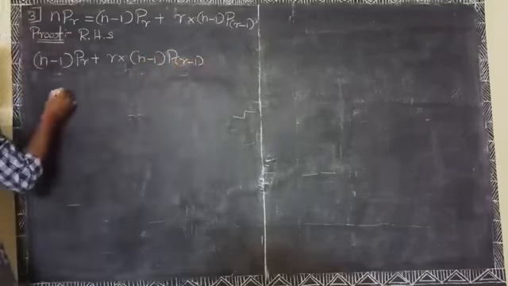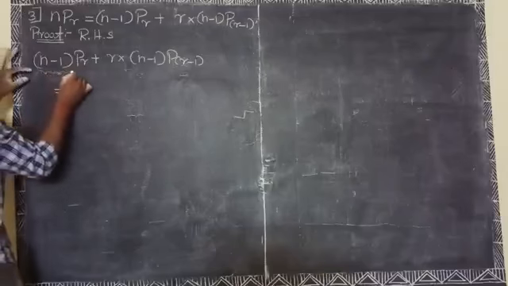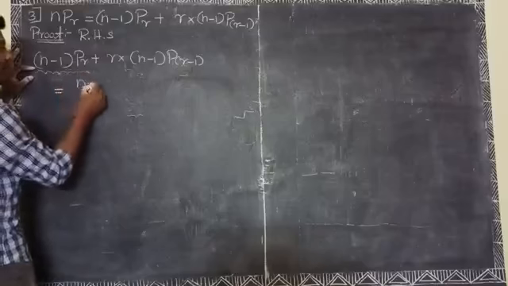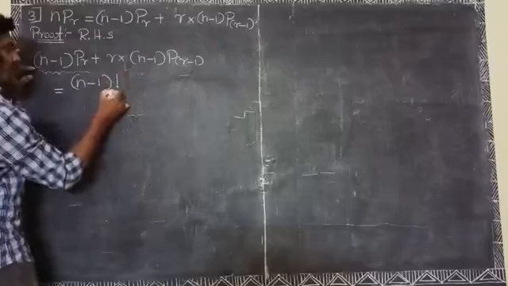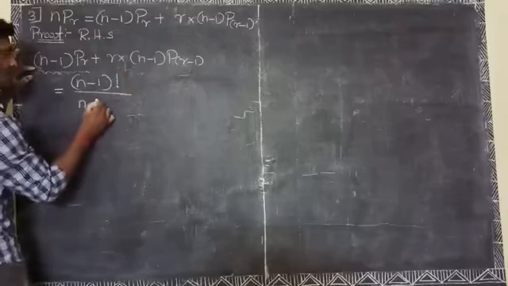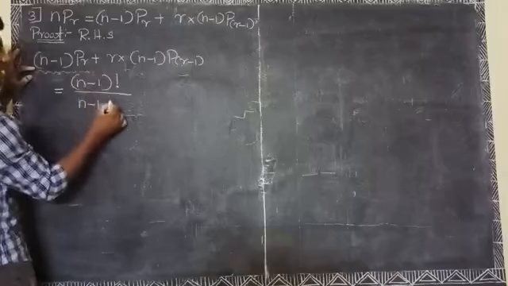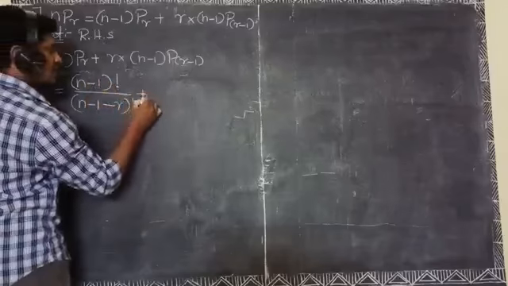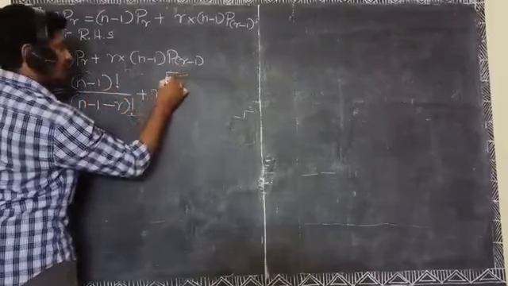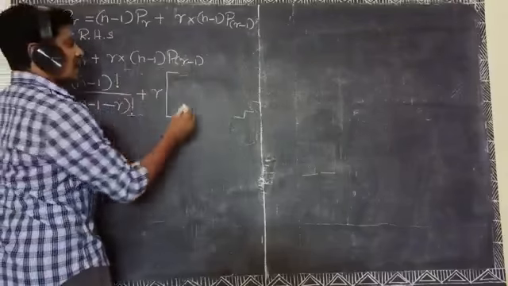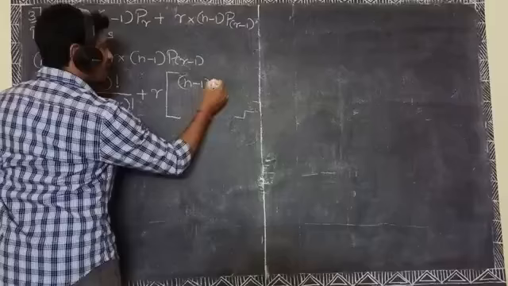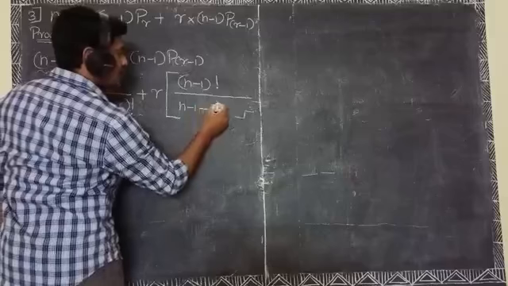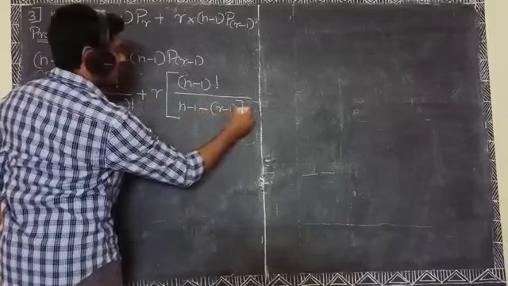This is equal to, in the first term, we can rewrite using the formula of nPr, that is (n minus 1) factorial divided by (n minus 1 minus r) factorial. This is the first term. Plus the second term, r into, using the nPr formula, (n minus 1) factorial divided by (n minus 1 minus (r minus 1)) factorial.